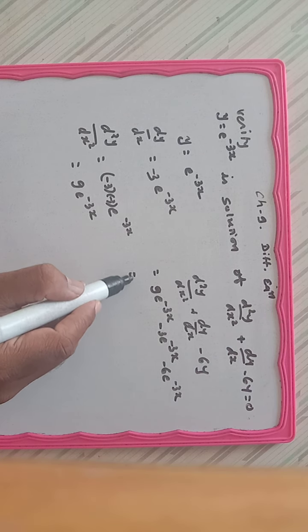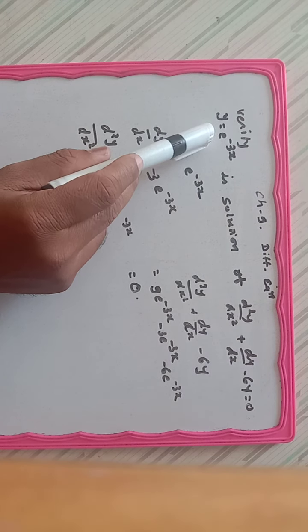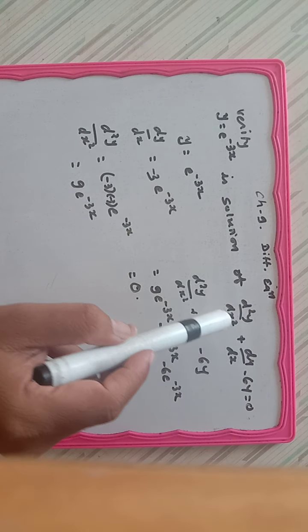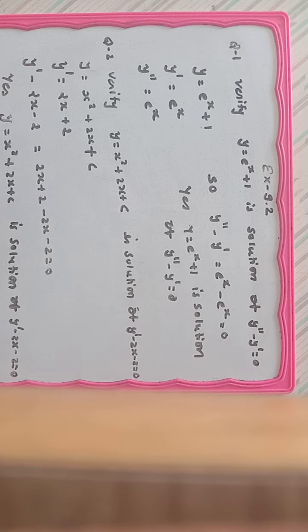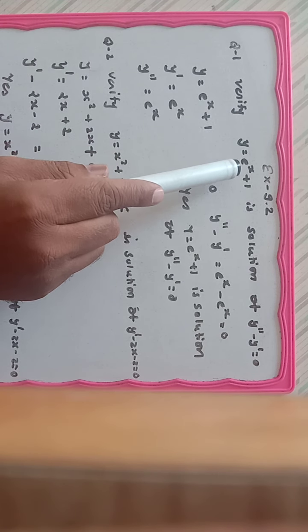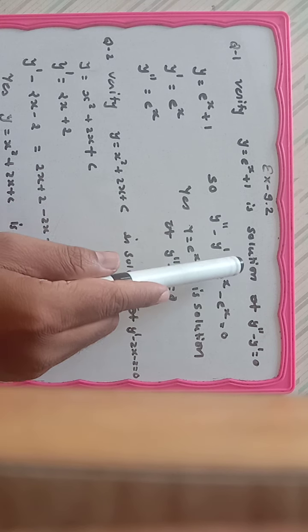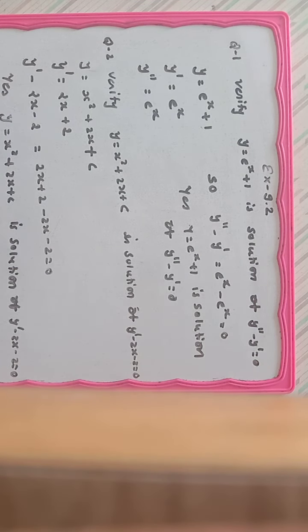So we can see it becomes 0, and so y equals e raised to minus 3x is the solution of d square y by dx square plus dy by dx minus 6y equals 0. Now we will see exercise 9.2. Verify y equals e raised to x plus 1 is a solution of y double dash minus y dash equals 0.